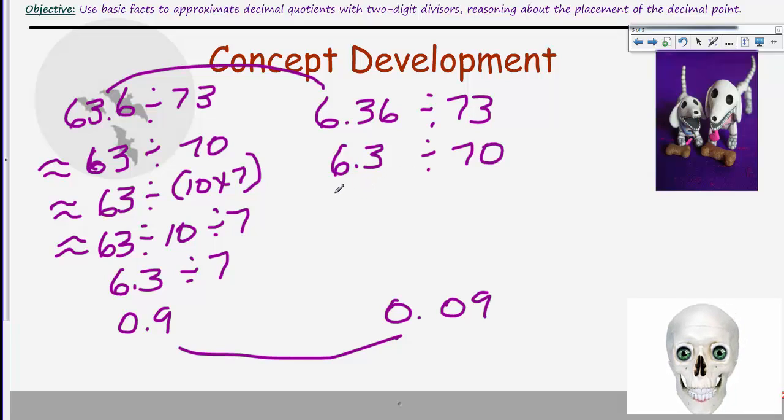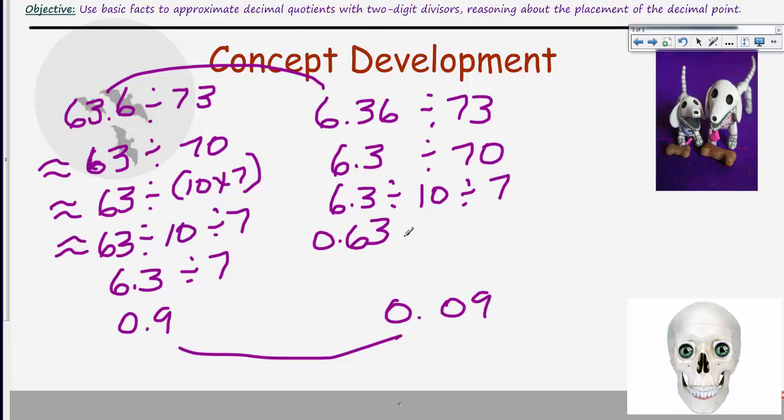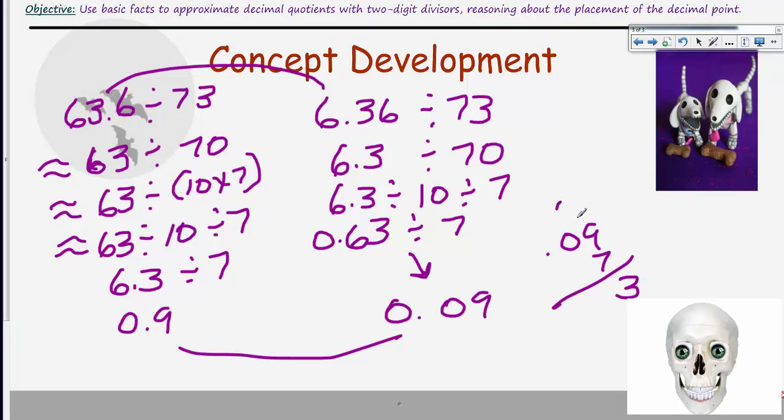Now we have 6.3, and we put divided by 10 divided by 7, because this is 70. 10 times 7 is 70. Now suddenly we have 0.63, put a 0 in front maybe for clarity, and then we're going to divide that by 7. And now you can see we end up with our 9s, because I'm going to check my work. 9 times 7 is 63, carry the 6. Here's our 6. 2 decimal points, and then we come back in.